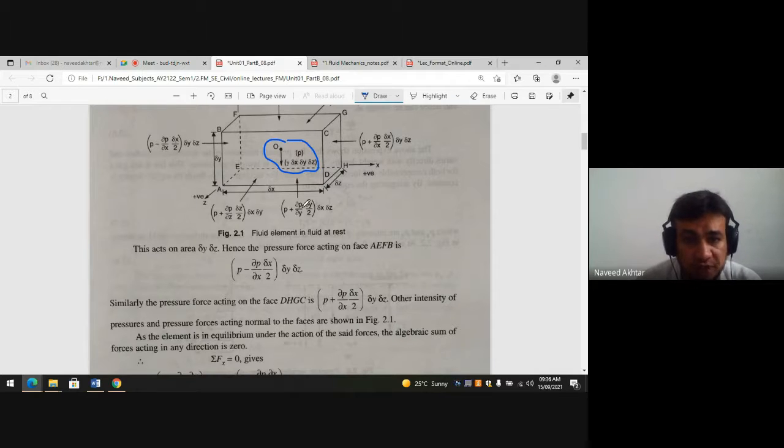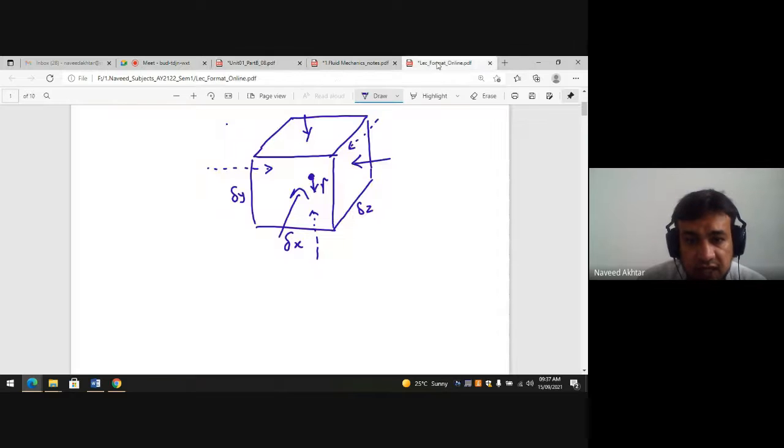Okay, so this cube is nothing but a small portion, and from all sides there is pressure on this fluid element. So we are studying this hydrostatics, the element in a state of rest. In the state of rest it is in equilibrium. It is in equilibrium because there is pressure from all sides and its weight keeps it in equilibrium, because our fluid is at rest. Okay, so you will see this in three dimensions, x direction, z direction, y direction.